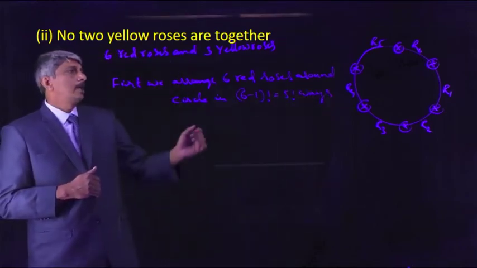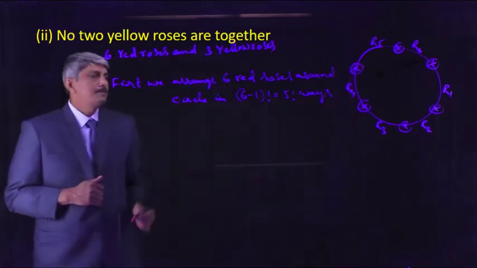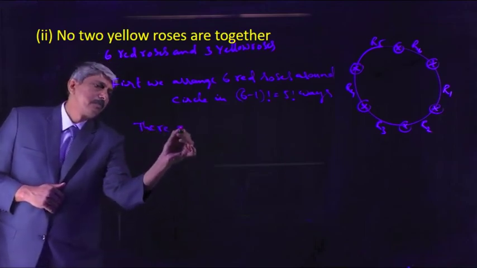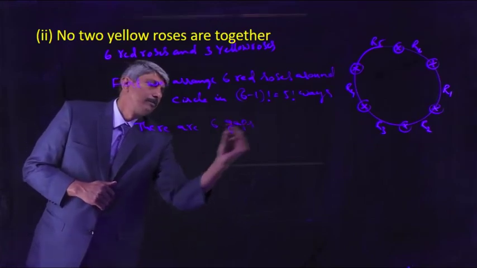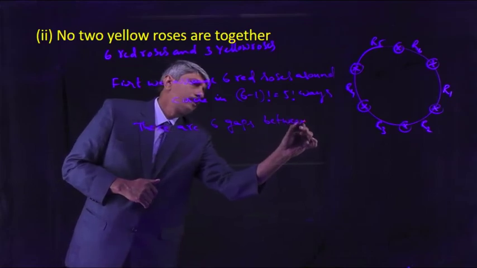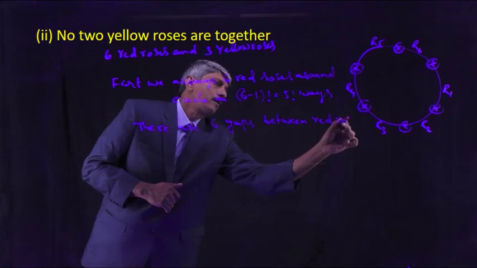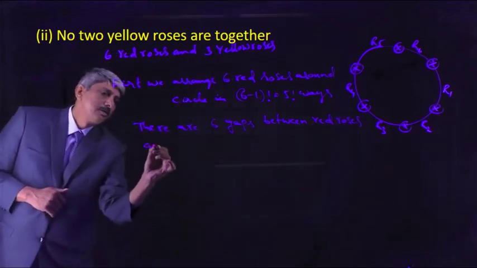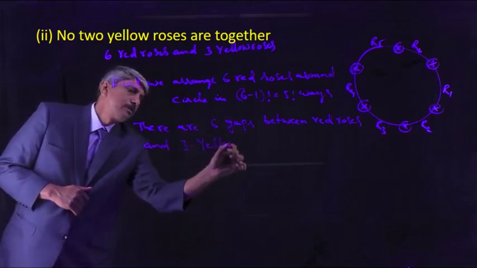Now identify the gaps, denoted by stars. There are 6 gaps between the red roses, where the 3 yellow roses go.